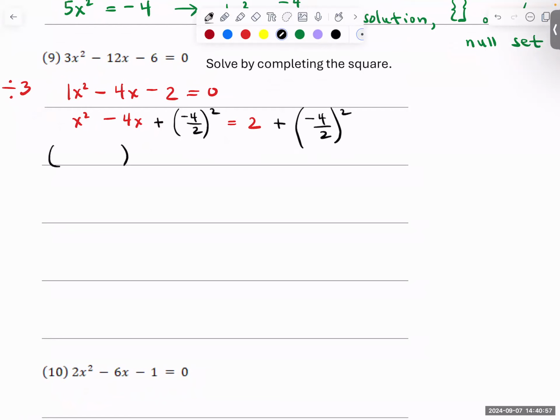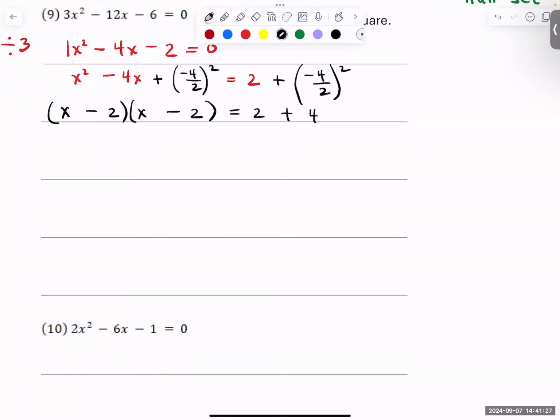And we'll factor first term x. And that's straightforward because the leading term is 1x squared, so it's just straightforward x times x. And minus 4 divided by 2 is minus 2. And then when you check it and FOIL multiply, you get minus 4x as the middle term. The right side is 2 plus negative 2 squared, which is 4.